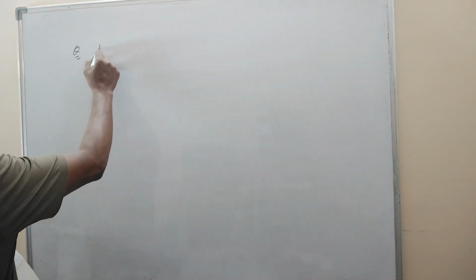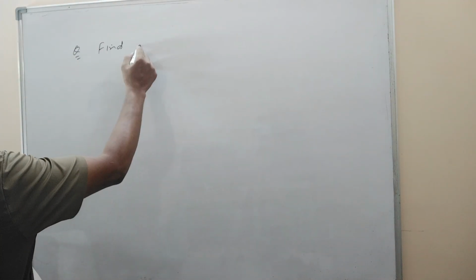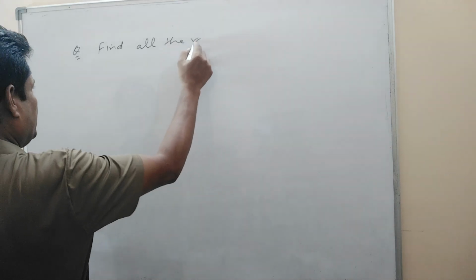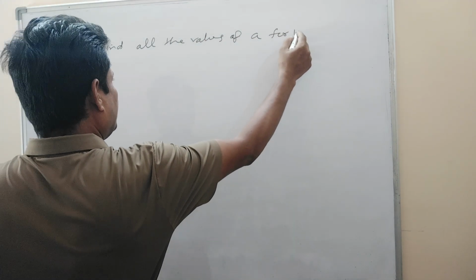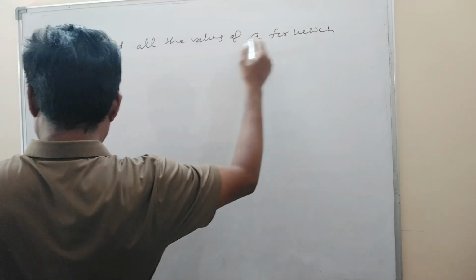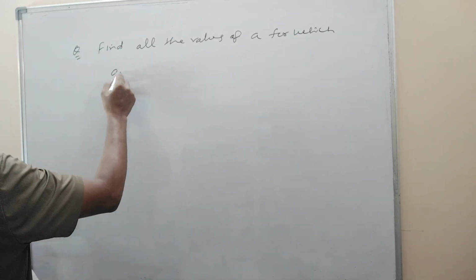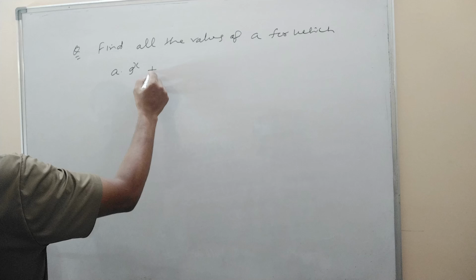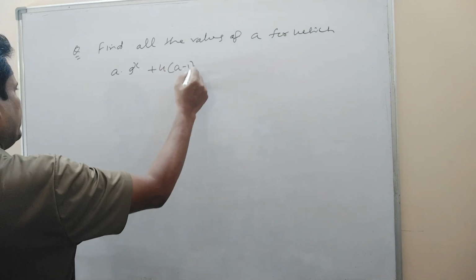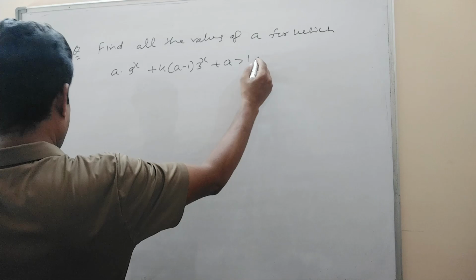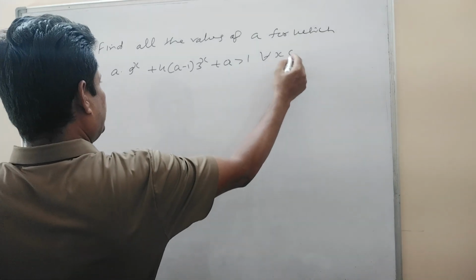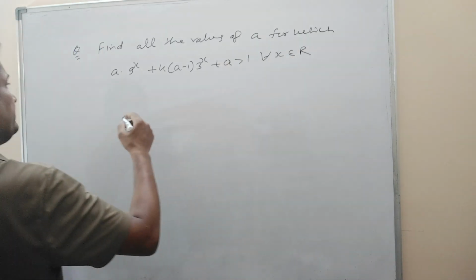Now the next question is: find all the values of a for which a into 9 to the power x plus 4 times (a minus 1) into 3 to the power x plus a is greater than 1 for all x belonging to the real numbers.